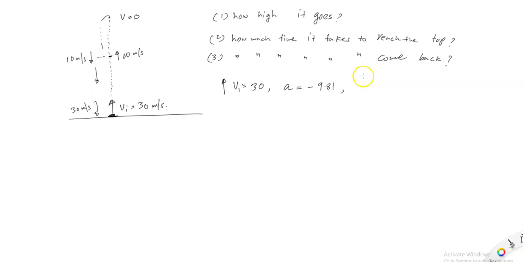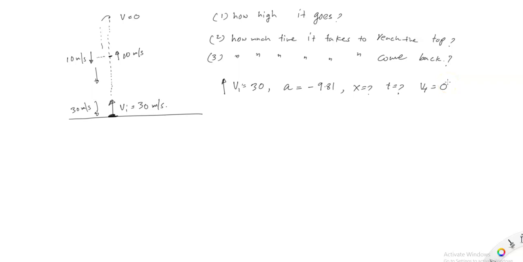We don't know the distance, we don't know how far it's gonna go, we don't know how much time it takes, so x is unknown, t is unknown. We do know one thing, we know that final velocity at the very top has to be 0. That's why we say that it's the turning point, because velocity becomes 0.